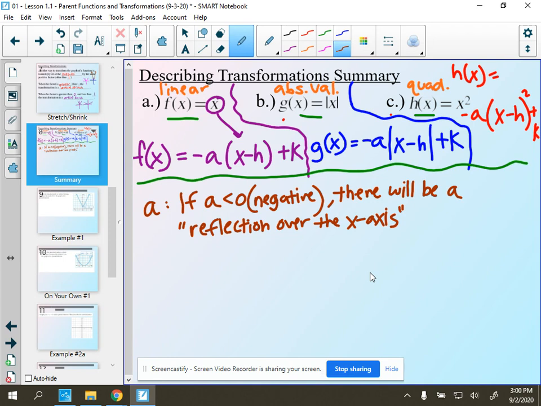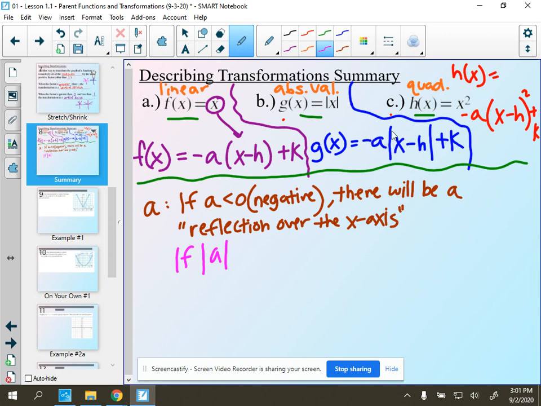What else could happen to a? Well, we just got done talking about our stretch and our shrink. Now let's take the negative out of it. If the absolute value of a, so just the number, ignoring any minuses or negative signs that might be there, I just want to know the actual number itself.